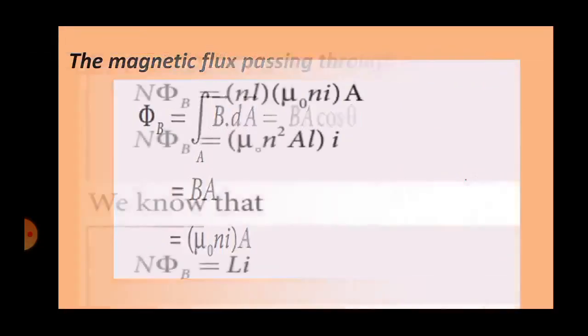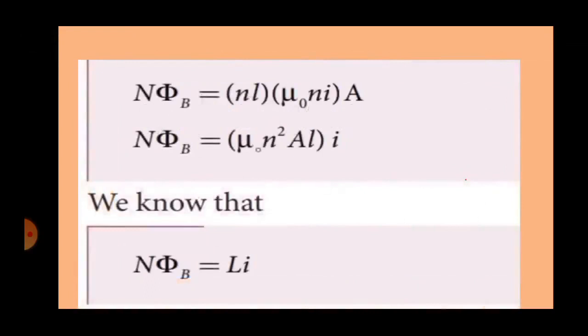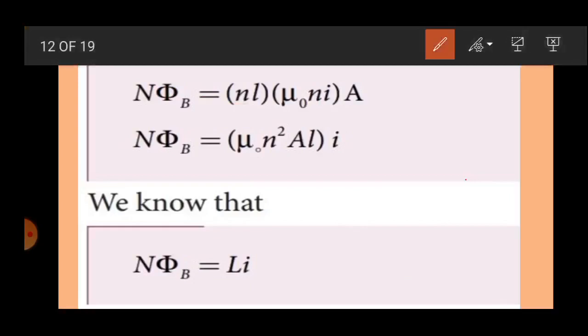Okay. Then the total number of turns, capital N, is equal to small n into L, where small n is the number of turns per unit length. So N phi B is equal to n L into mu naught n i into A. Therefore, N phi B is equal to mu naught n square A L into current i.